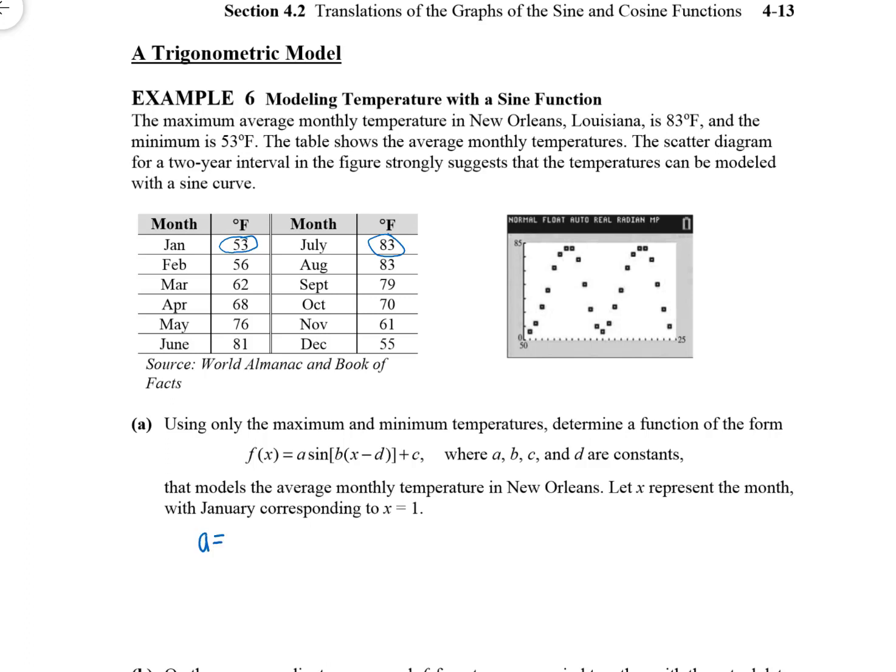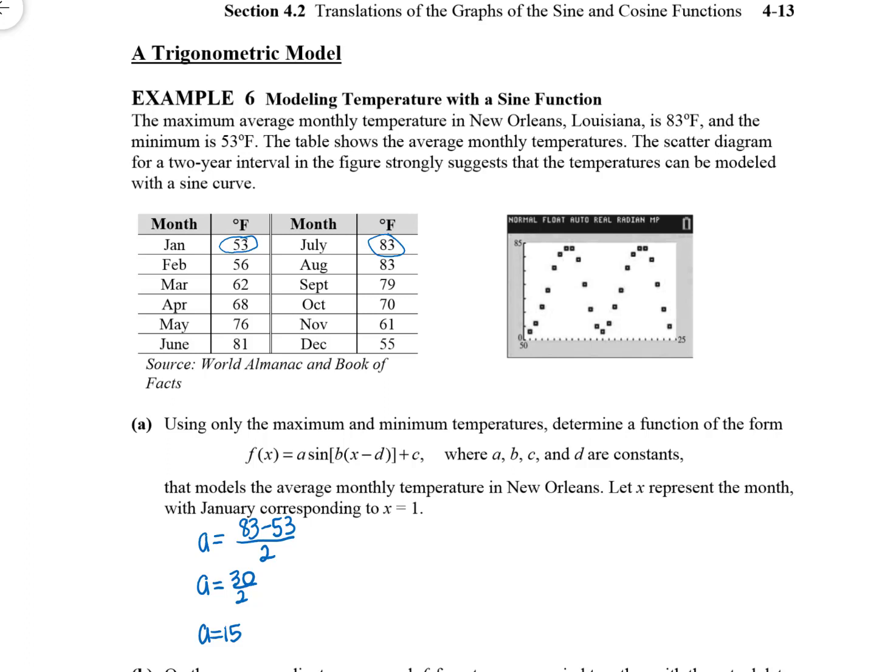A is equal to the difference of those numbers divided by 2. We take 83 minus 53 and divide that by 2. Then we have 30 over 2, which is 15. So A is 15, and that's the distance from the middle to the maximum and the middle to the minimum.